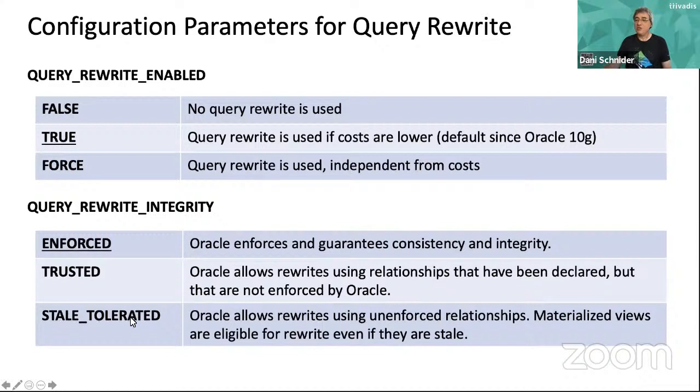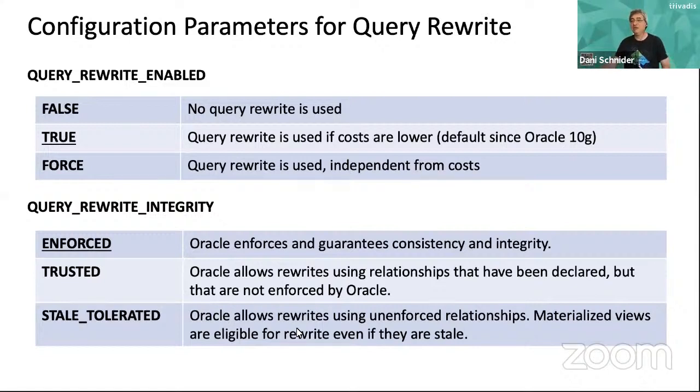If I set it to stale_tolerated, which I would not recommend in most cases, that means even when the materialized view is stale, that means the data is outdated and does not fit with the current data in the base tables, then query rewrite would work. But of course, the result of the query is not the same as if you go to the base table.